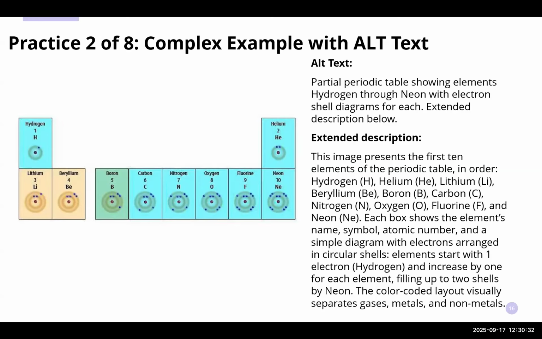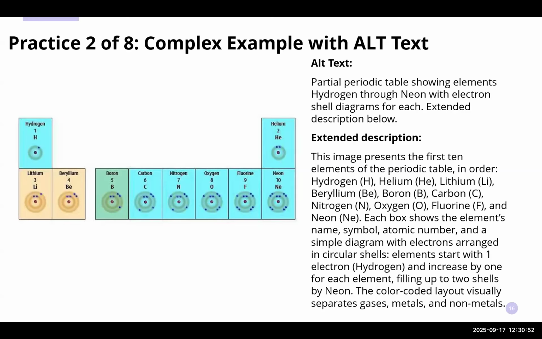This again works well because it quickly explains what the image is, a section of the periodic table, identifies which elements are shown, and highlights what the image demonstrates. Plus, it also tells where to find the full description.